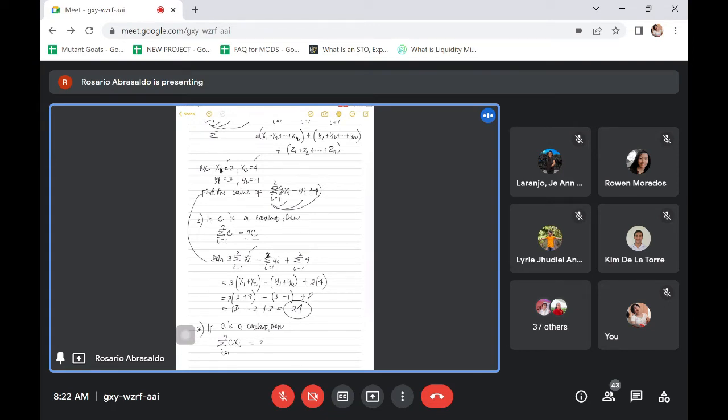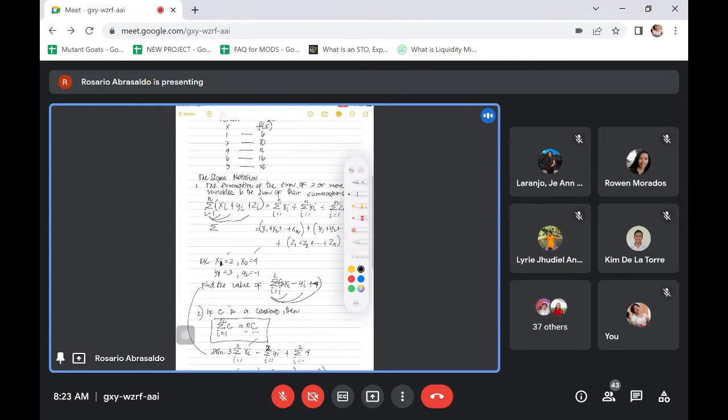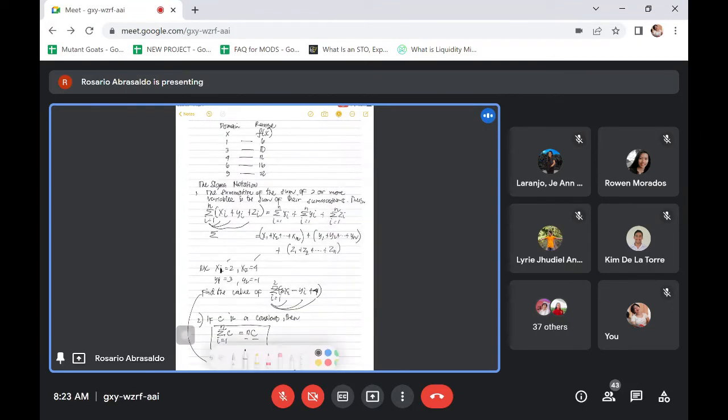The constant C comes out: C times the summation of x sub i, i from 1 to n. Take note of the formula, you may take a picture of it.